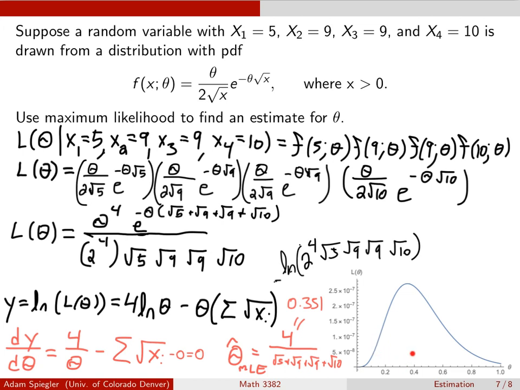So I want to pick the value of theta which makes that observed sample most likely. And that occurs somewhere between 0.2 and 0.4, so that matches our estimate. The maximum likelihood estimate for theta we just found to be 0.351.